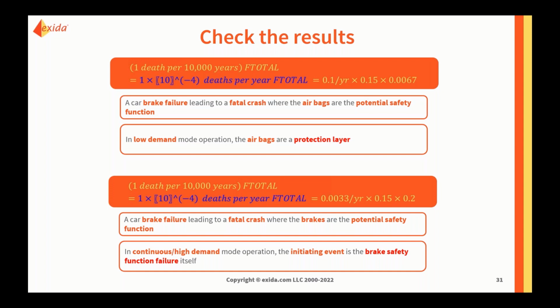And in the high demand case gives us a total dangerous failure rate of 0.0033 per year, or 3.8 times 10 to the minus 7 PFH.